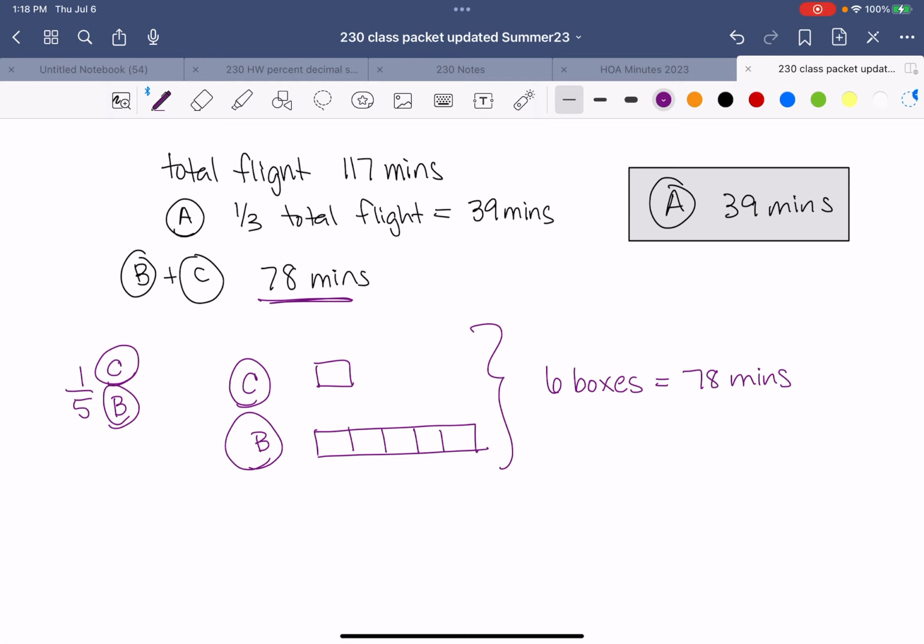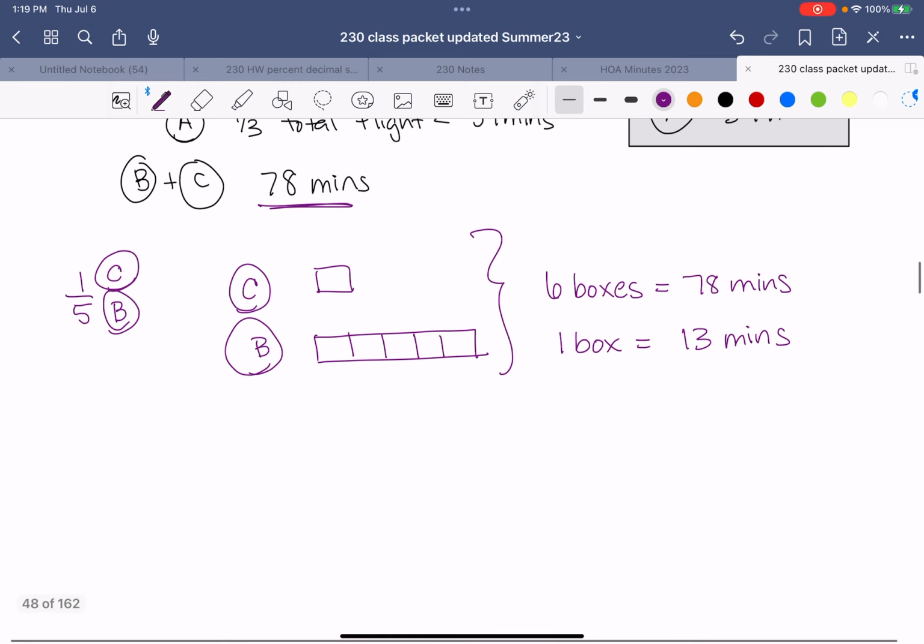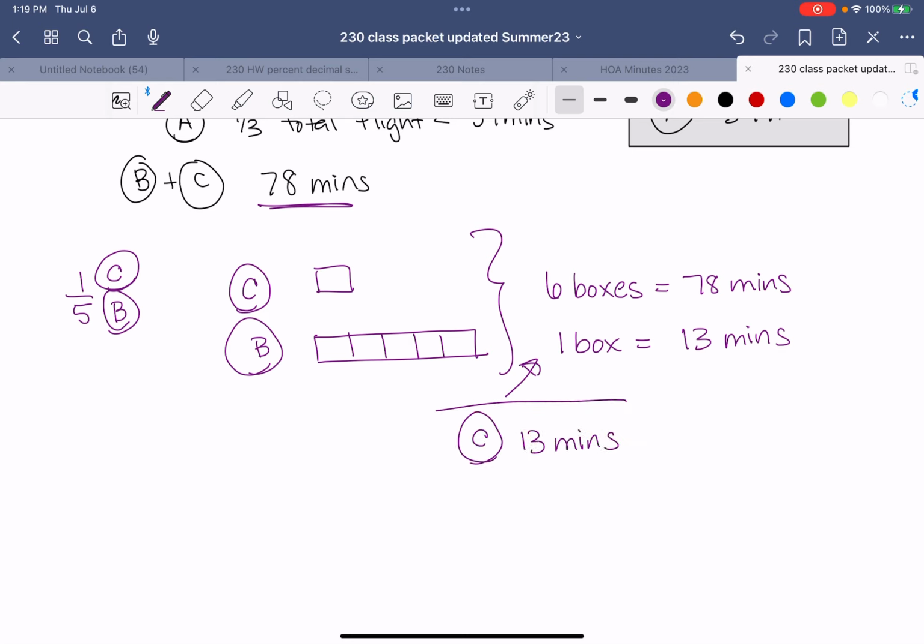And then if we go ahead and divide that out, we divide both sides by 6 for an equivalent ratio, and each box gives us 13 minutes. And so that 1 box also represents part C. So part C is 13 minutes.